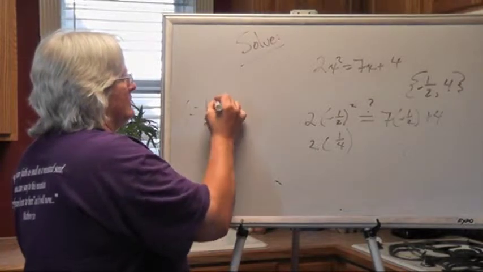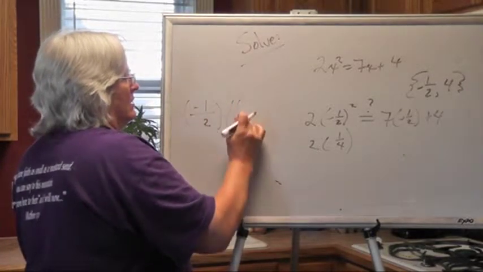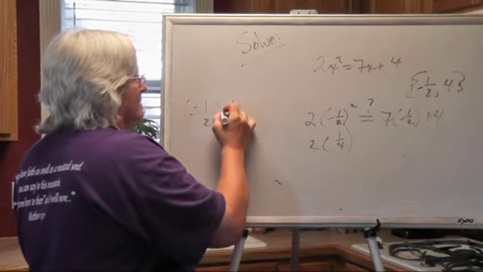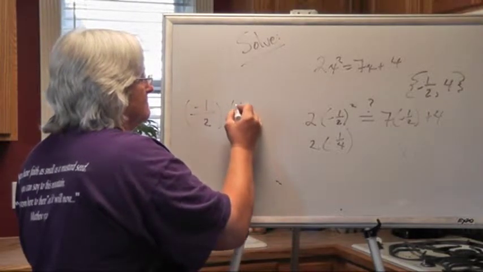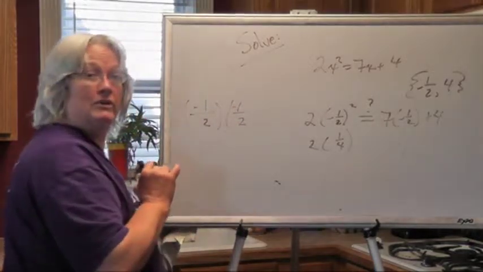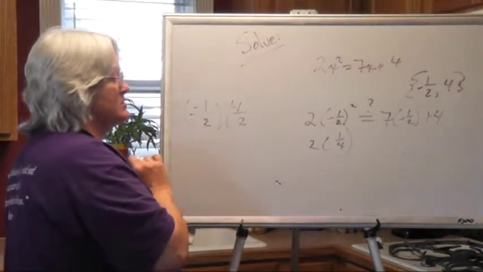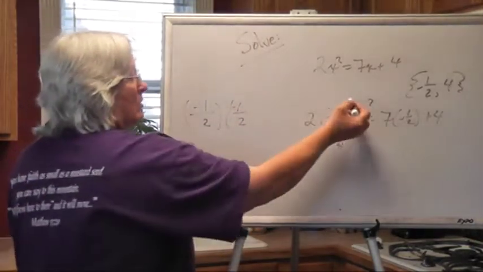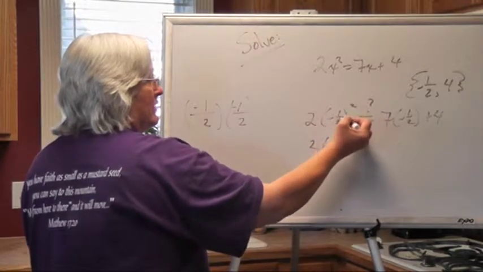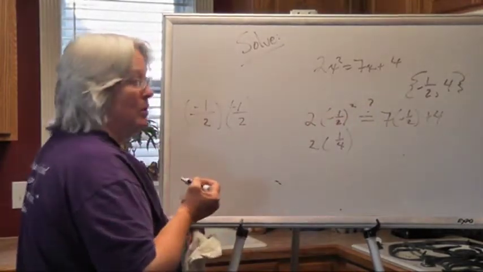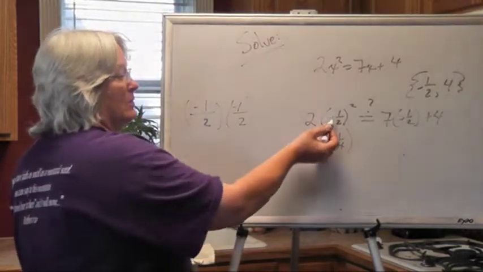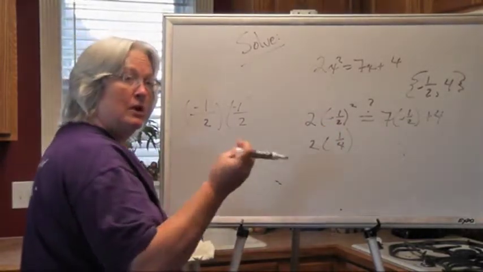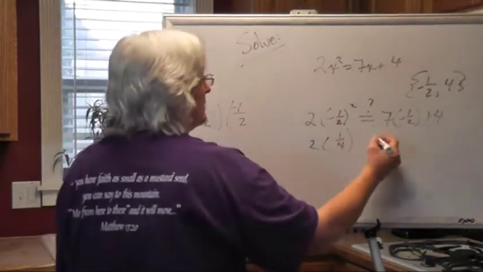Negative 1/2 times negative 1/2. Negative 1 times negative 1 is 1, 2 times 2 is 4. Or you realize that you're squaring the numerator and the denominator. 1 squared is 1, 2 squared is 4. When you have the negative squared, it becomes positive.